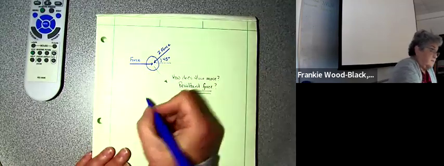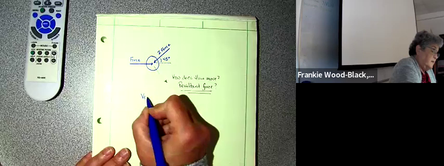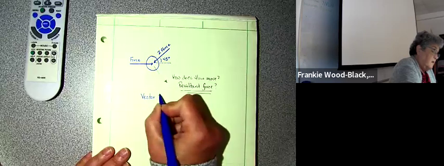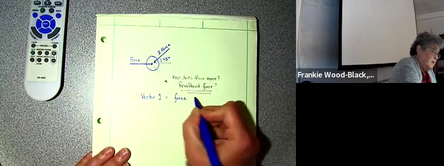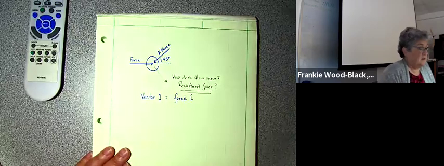So I've got my vector 1 equal to the force in the I direction.